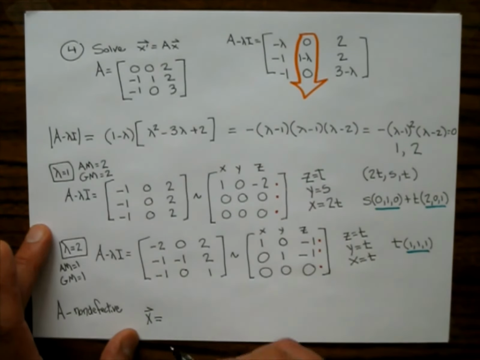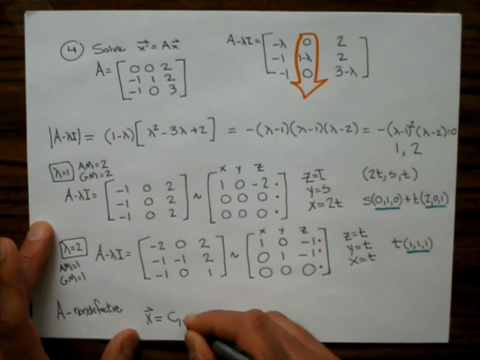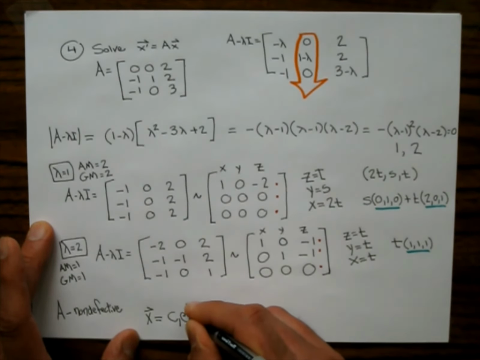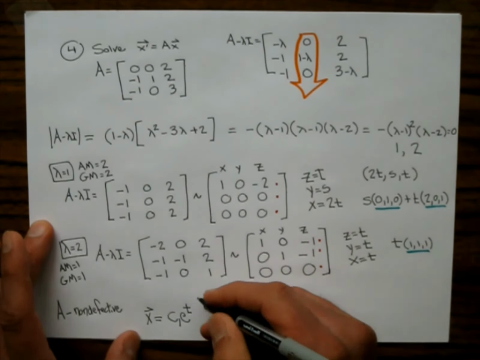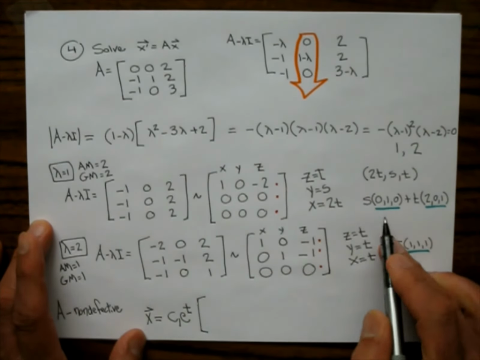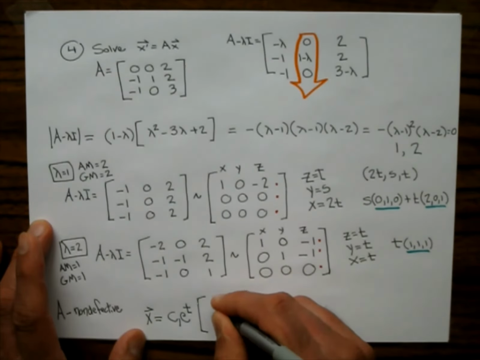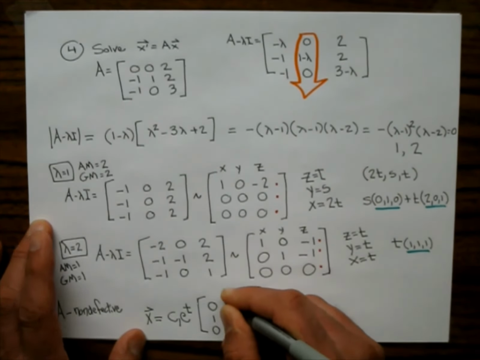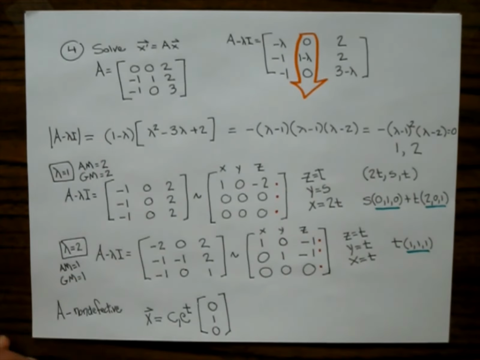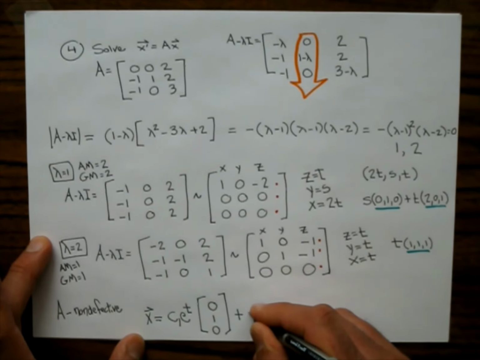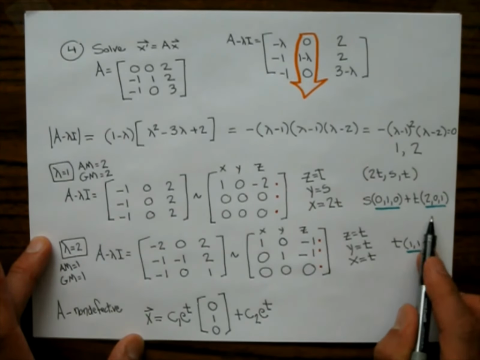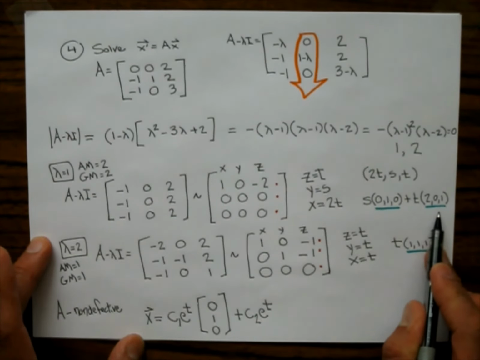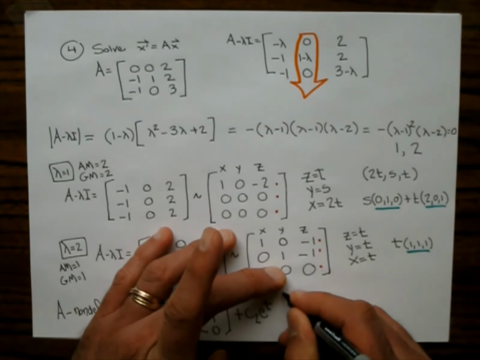So the first thing is going to say C1 e to the eigenvalue, which is 1 times t, and then we multiply that by one of the eigenvectors, 0, 1, 0, plus C2 e to the t again, because we have another independent eigenvector, which is 2, 0, 1.